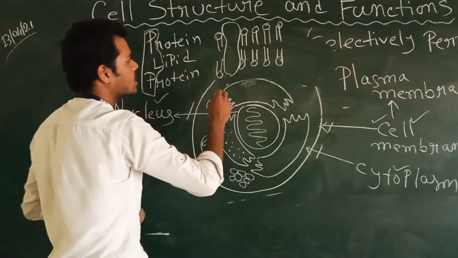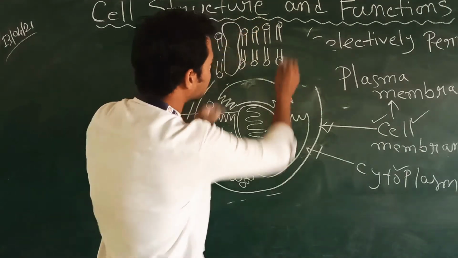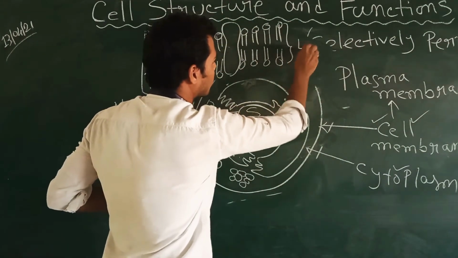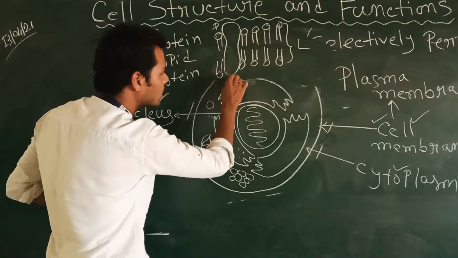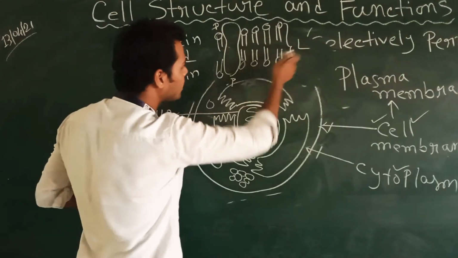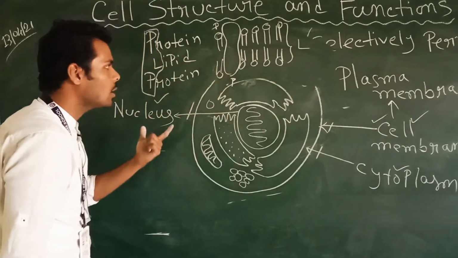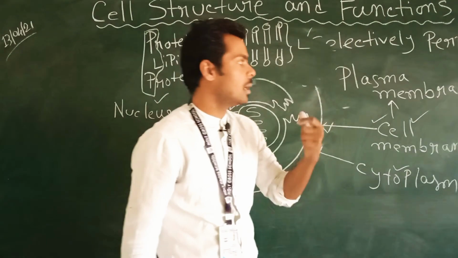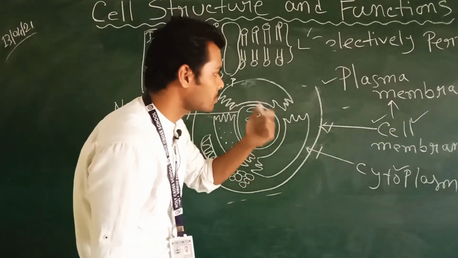Almost like this. Here the middle layer is the lipid layer, and this one is protein, and inside also protein. So protein, lipid, protein, PLP. This PLP model is present in the cell membrane or plasma membrane.